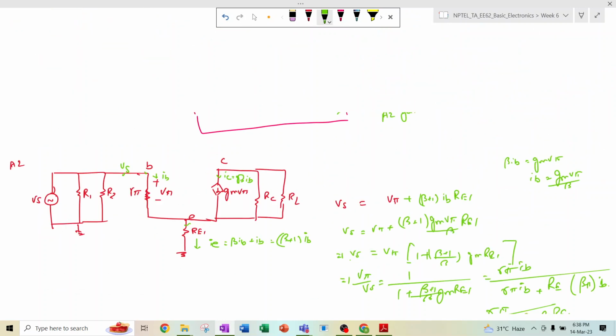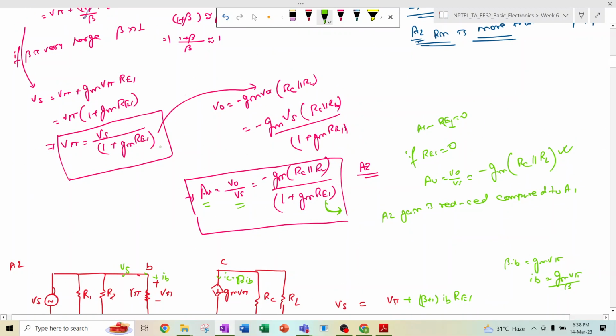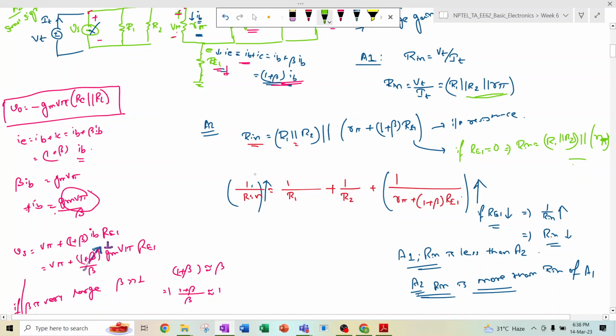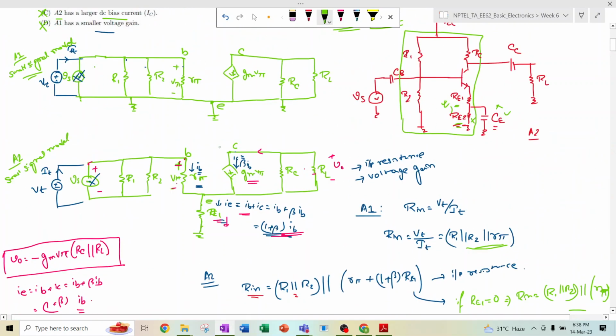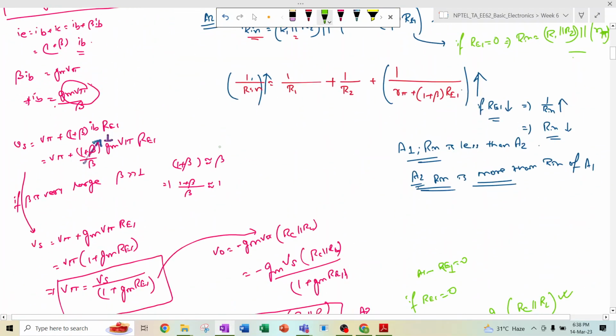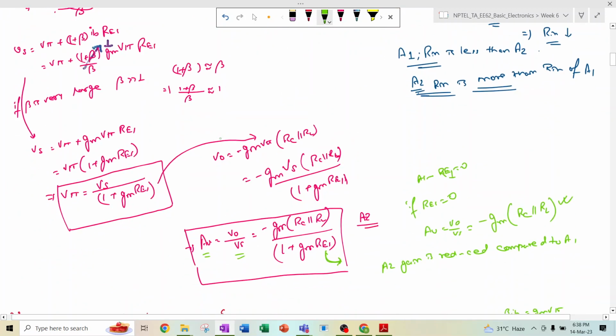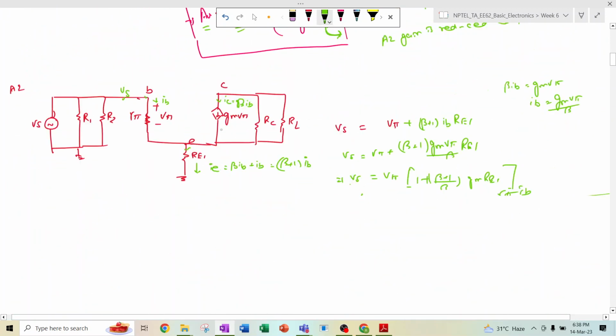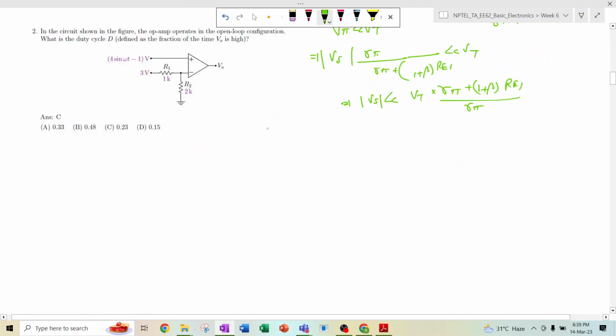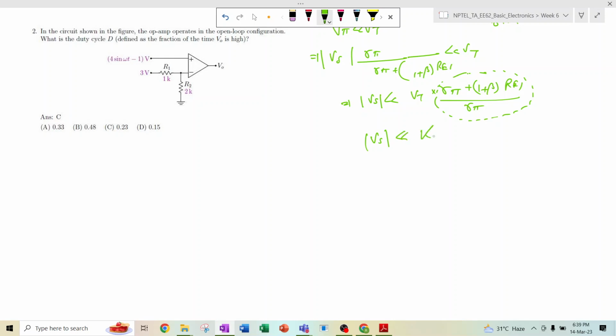Okay, you can see this entire thing is much greater than 1, very much larger than 1. So Vs should be much less than k times Vt, that means a very large amount.